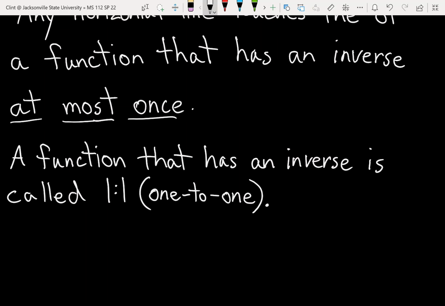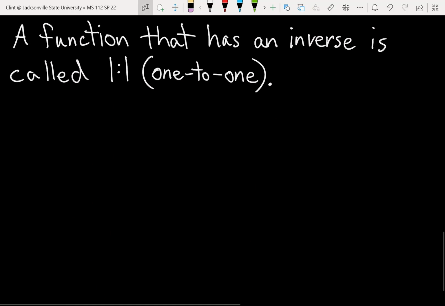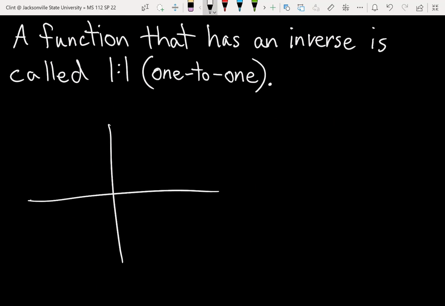Okay, so let's look at a few. Questions so far? Okay. There's our parabola. We've already talked about that it is a function. But does it have an inverse?